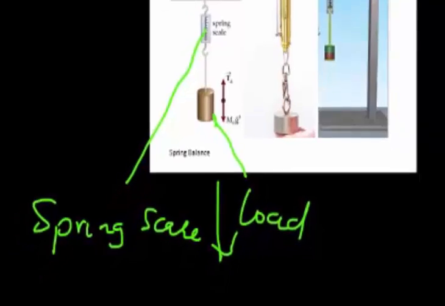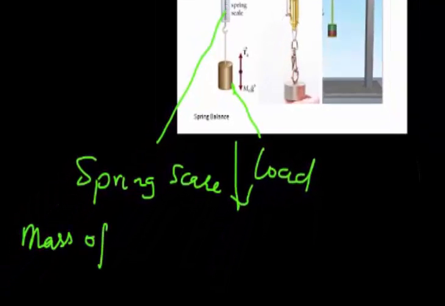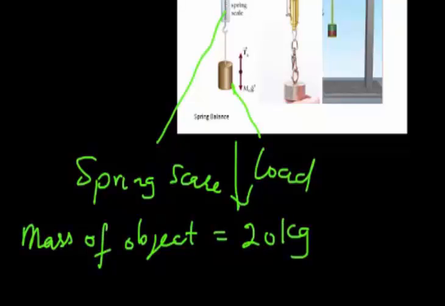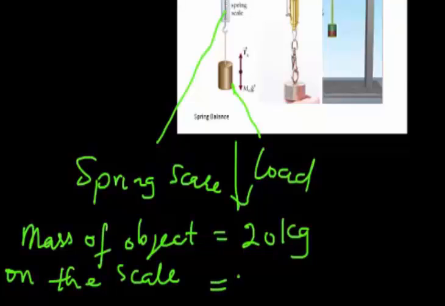Let's assume that the mass of the object is 20 kilograms. On the scale, what you are going to see there is 20 kilograms. So that shows that your spring balance has recorded the mass or the weight of the object.